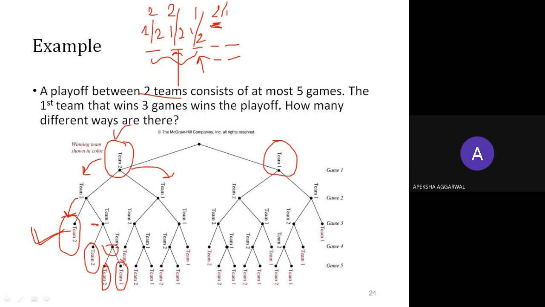So this graph represents all the possible combinations, and the number of final leaves will decide the possibilities. So 1, 2, 3, 4, 5, 6, 7, 8, 9, 10, 11, 12, 13, 14, 15, 16, 21, I think. So a total of 21 possible combinations are there, out of which you can calculate in how many team 2 is winning and how many team 1 is winning.